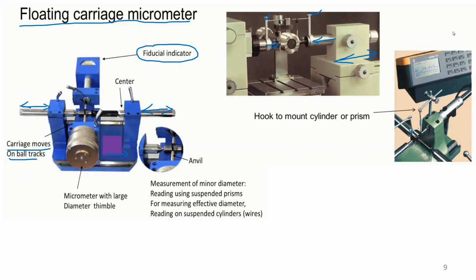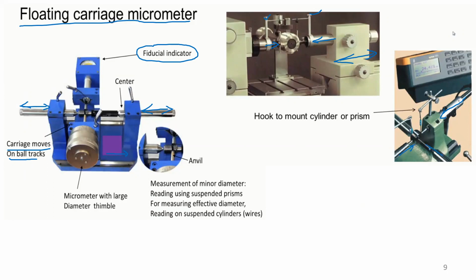In this figure you can see that it directly gives the effective diameter on the display unit. We have the micrometer screws, and there are centers to hold the workpiece.